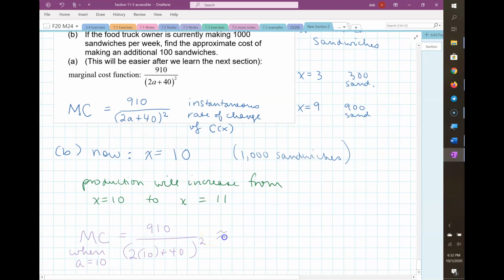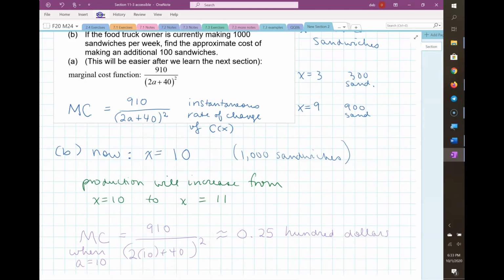And I'm getting about 0.25. But remember that the cost was in hundreds of dollars. So this is in hundreds of dollars.